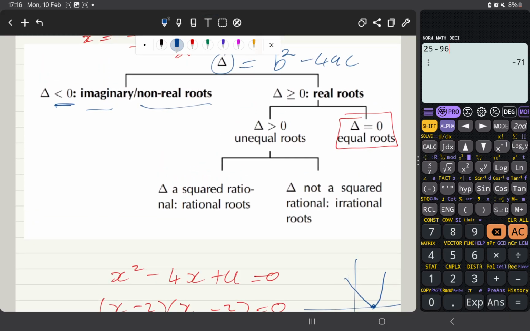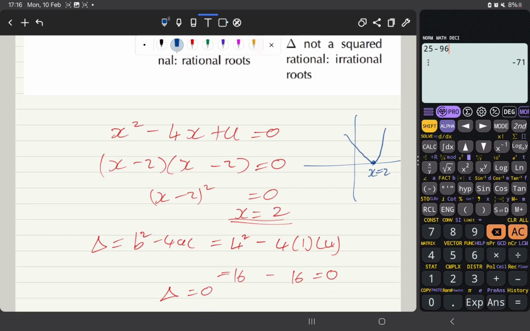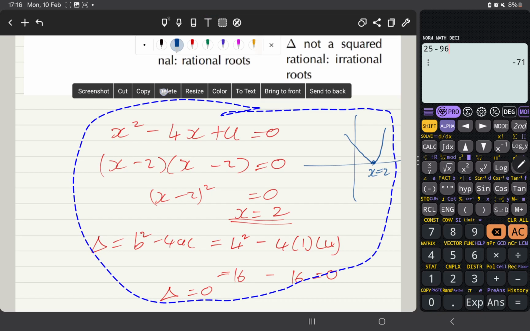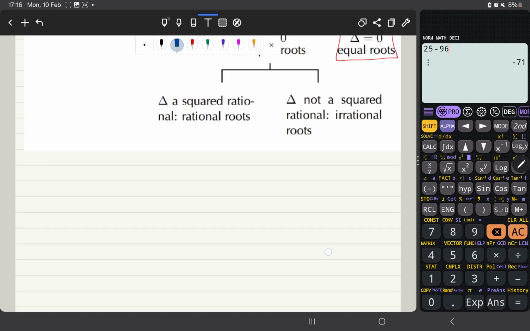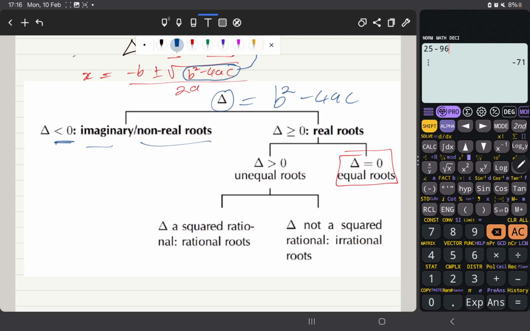That's what your graph is going to look like, and that's where you have equal roots, right? Now if your discriminant is not equal to 0, like in this example where your discriminant is positive but not equal to 0, you can have either rational roots or irrational roots, right?